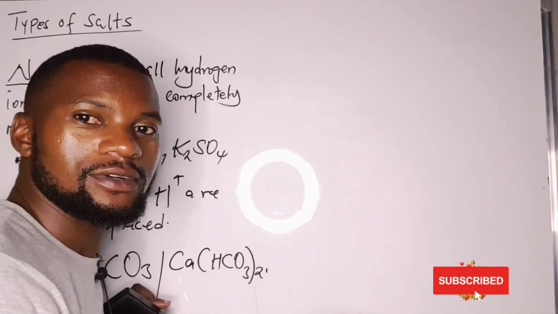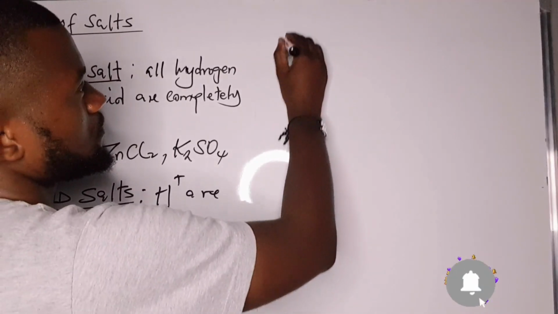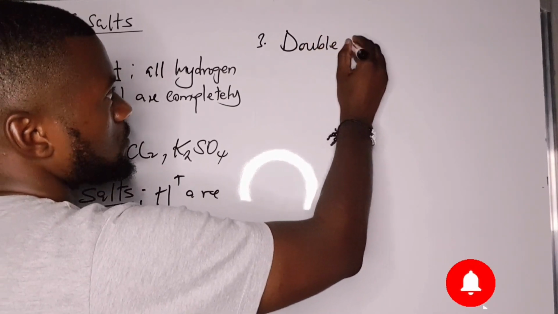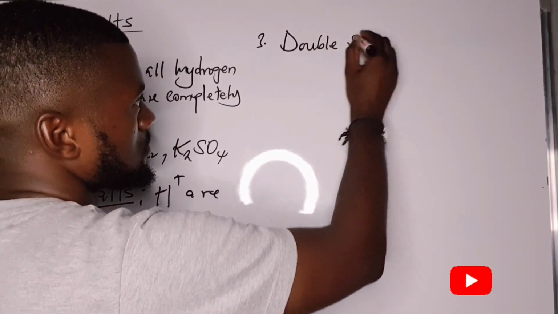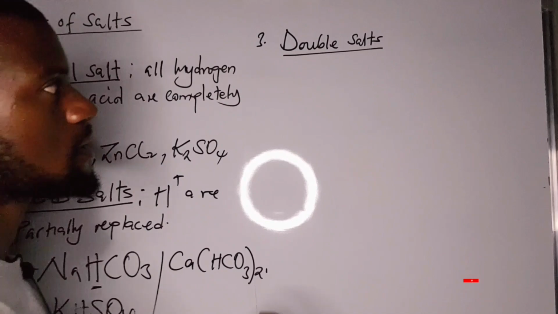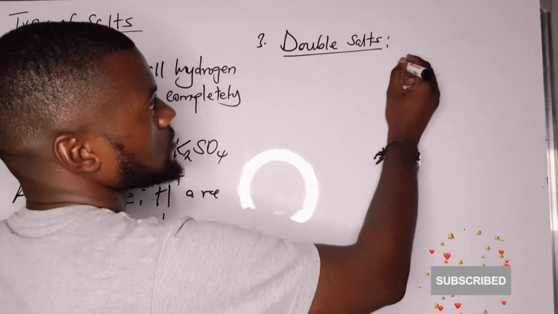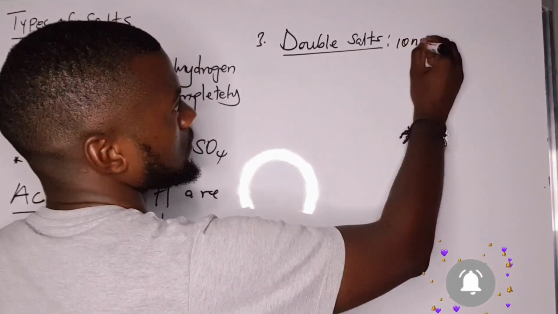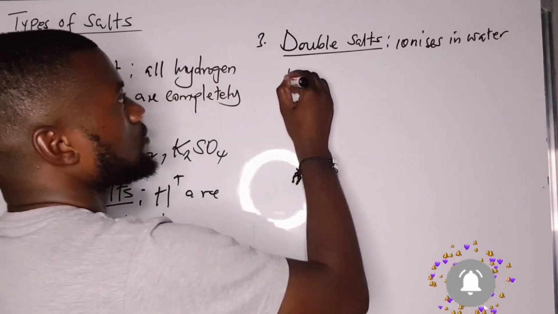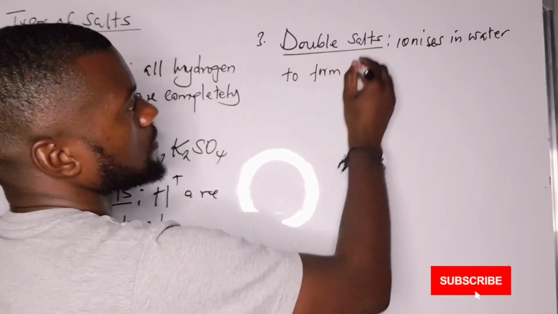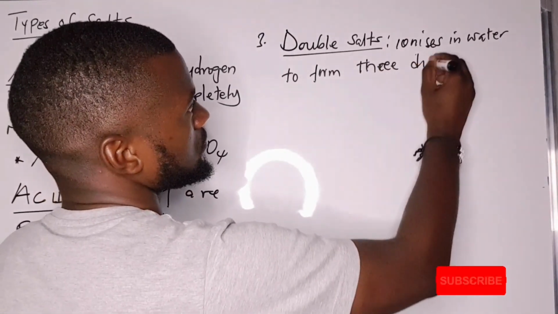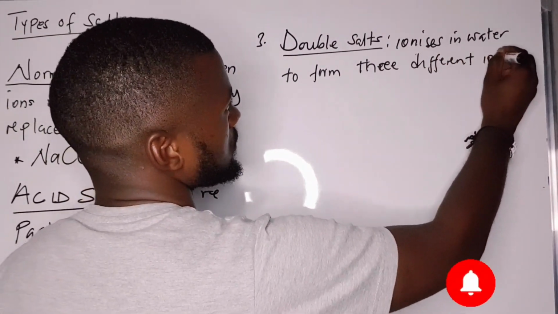Another type of salts is the double salts. Double salts are salts that ionize in water to form 3 different ions.